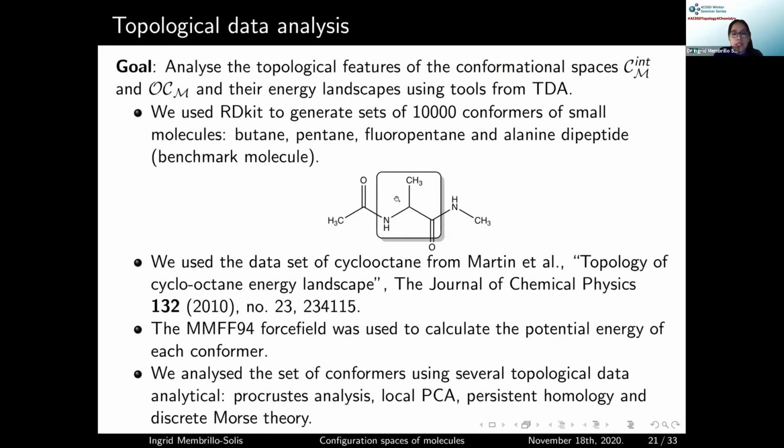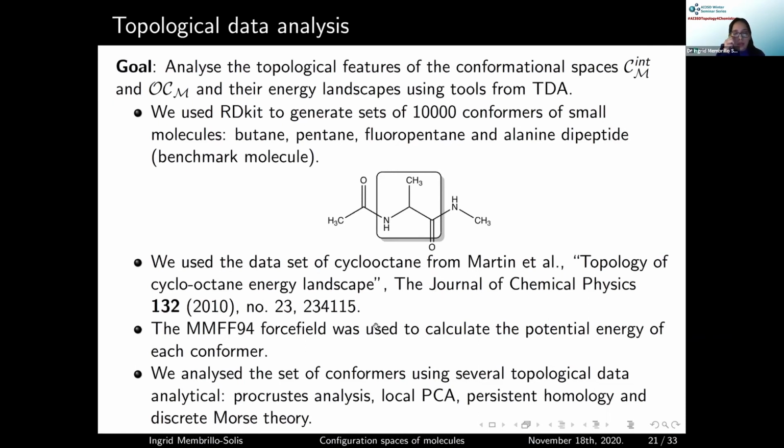Basically, this molecule is allowed to rotate along this bond and along this other bond, and these constraints define what the topology of the conformational space looks like. We also used the cyclooctane data set from the work of Martin and others.